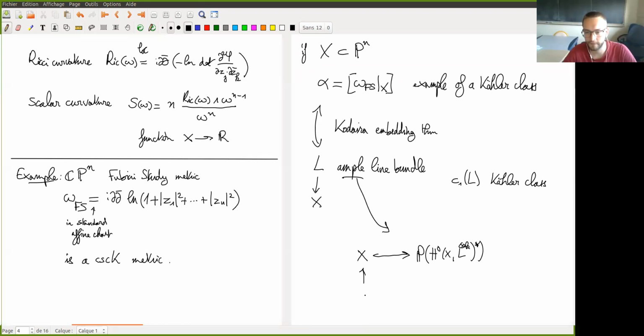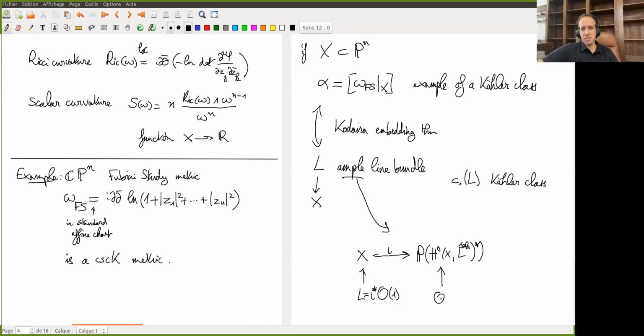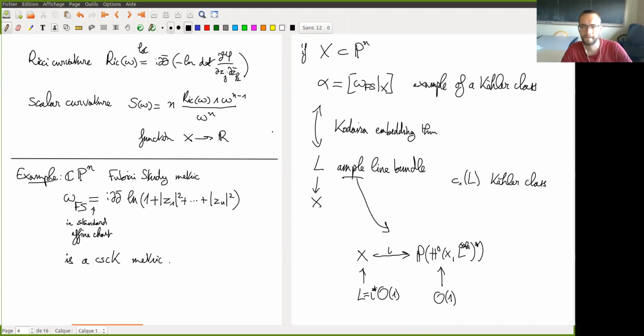And then there's the correspondence with what's above, because the line bundle L is the pullback of the O(1) on this projective space, the tautological bundle. So you really have this correspondence: if omega Fubini-Study is a metric in the class of this line bundle, then this is really the class of the restriction.